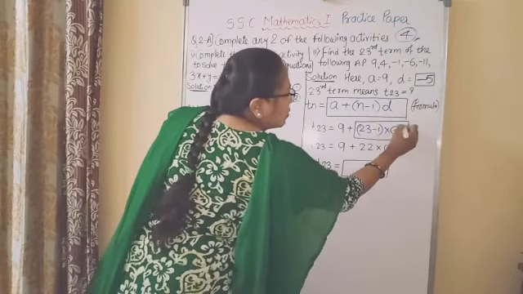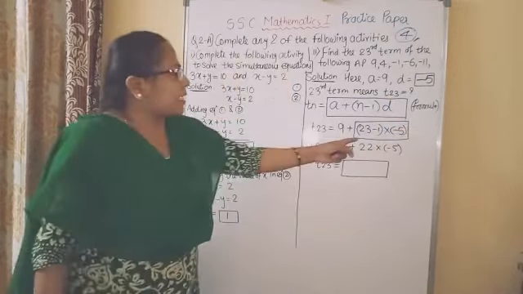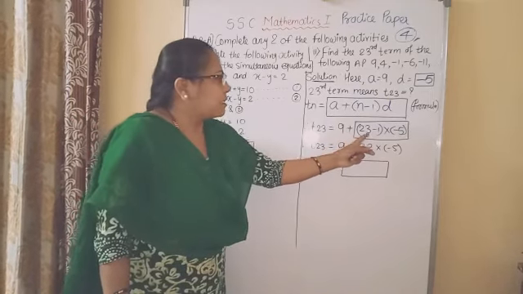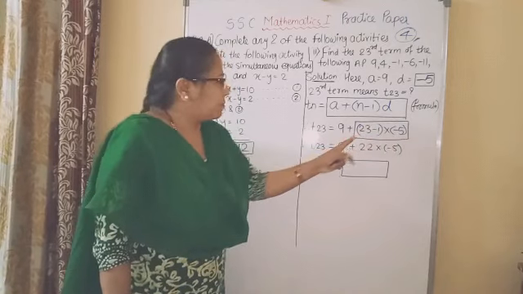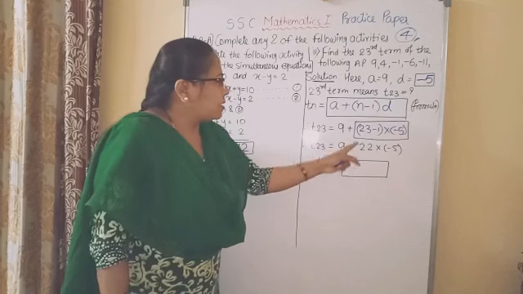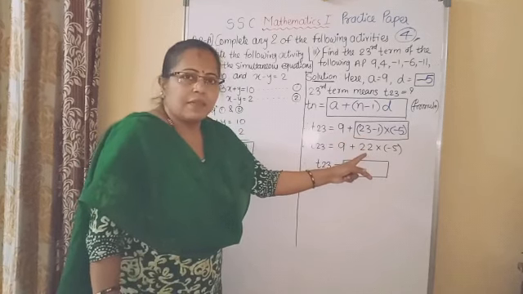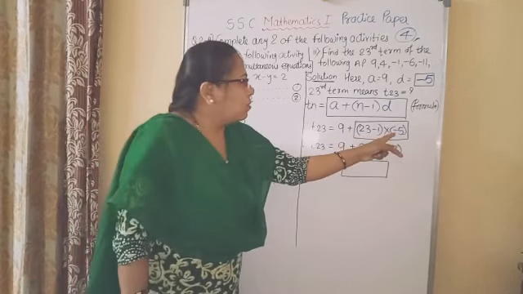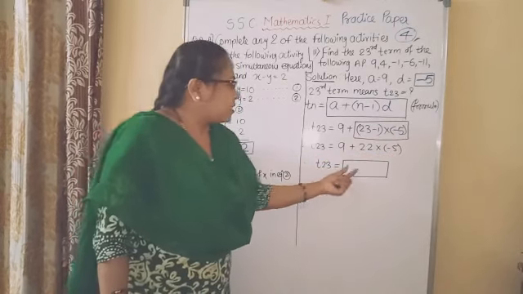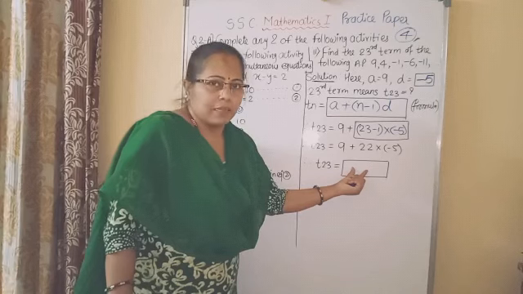So write in bracket. So this is the second step. And 9 plus 23 minus 1 into minus 5. Next step. t23 equal to 9 plus 23 minus 1, 22 into minus 5. Therefore, t23 is equal to box. We have to write direct answer.